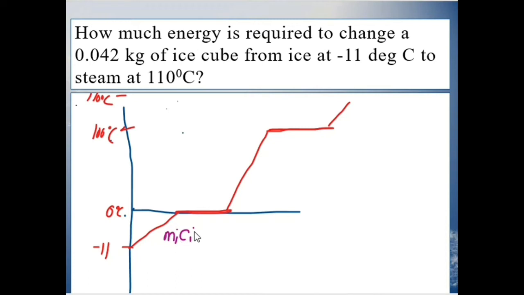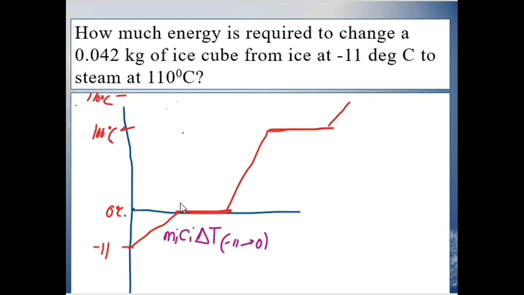So we have Mi, Ci, delta T. Take note also that the change in temperature is from -11 to 0 only. It's not from -11 to 110 right away, okay? So don't rush to solve from -11 to 110.